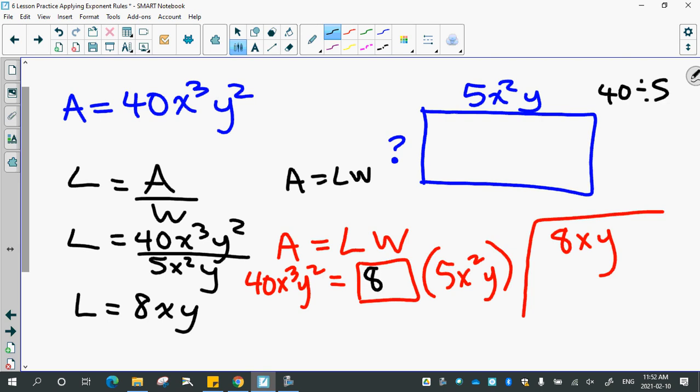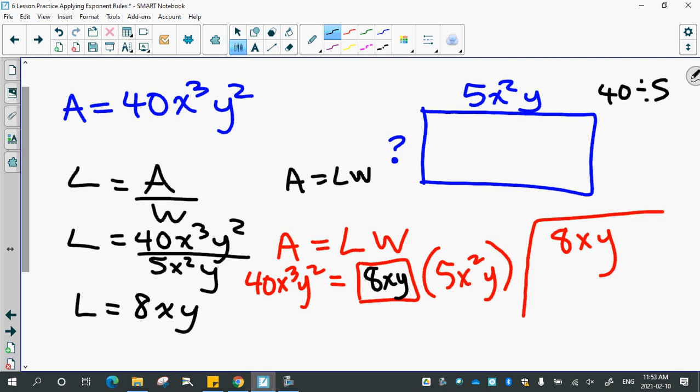And then you need to have x cubed and you have x squared, so you need an x on that side. And you have to have y squared, but you only have y, so you needed a y there. Some people did the thinking like this, some people did it right on their rectangle, but awesome. Either way is great.